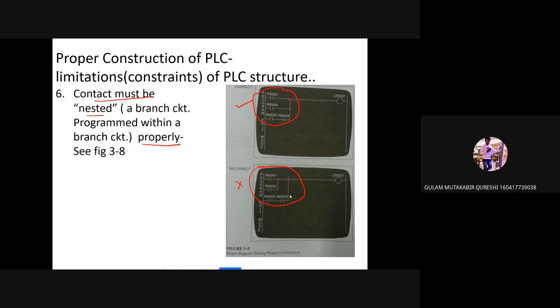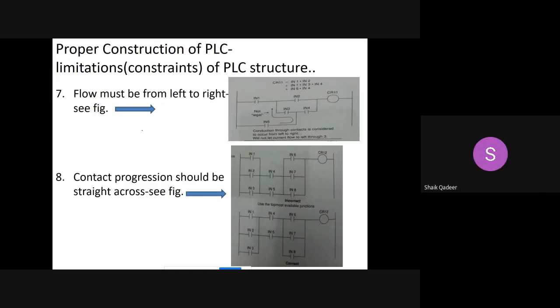Rule number 7. The flow of execution is from left to right, not from right to left. Now look here. This is left, this is right.